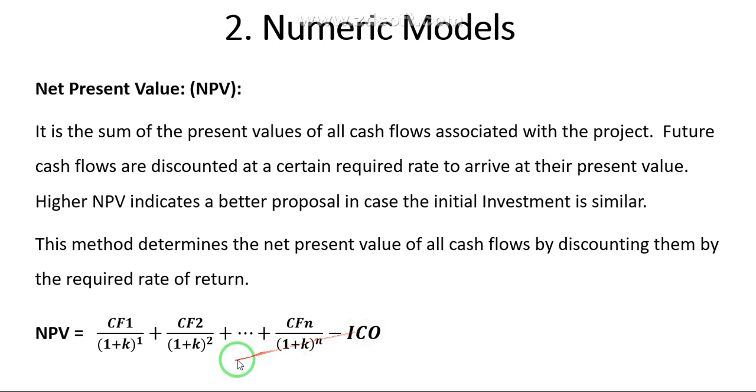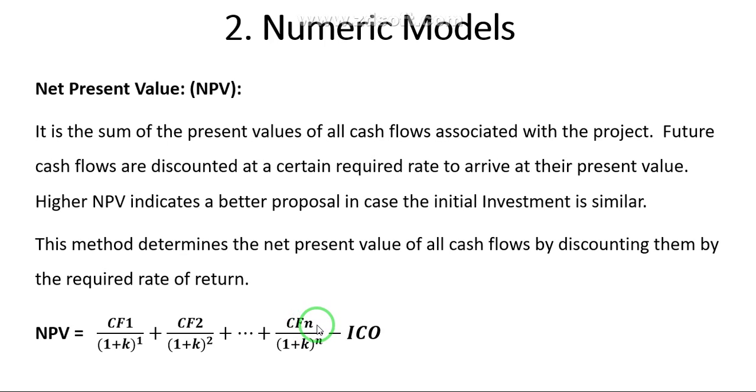I will later go on to find the meaning of this CF1 and these all. Basically, this is the general formula. Depending on the number of years of the project, we write CF1, CF2, CF3 up to CF10 or up to n, where n means number of years.